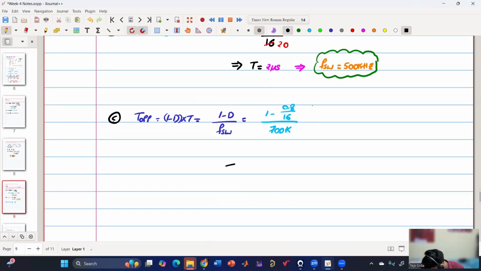So T off. You also calculate, I'll also calculate. We'll cross check the answer. So Navin is saying 1.35 microsecond. Let us wait for others and cross check if we are getting the same answer.